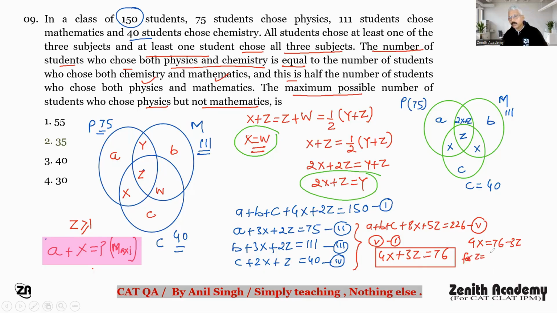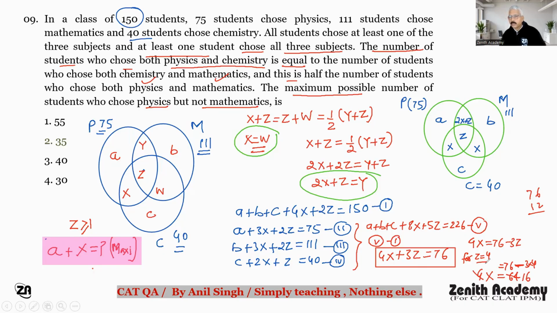For z is equal to 4, 76 minus 3 into 4 means 12. Then 76 minus 12, 64. And then 4x, x is equal to 16.